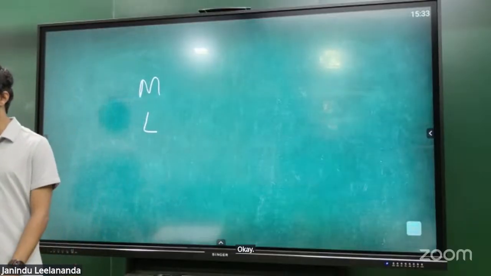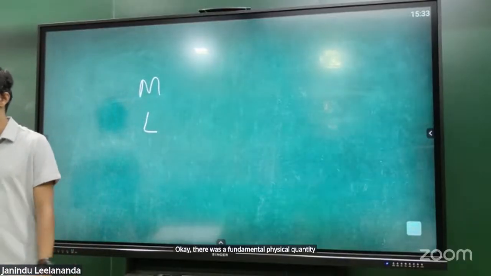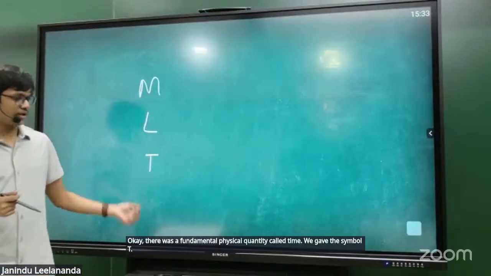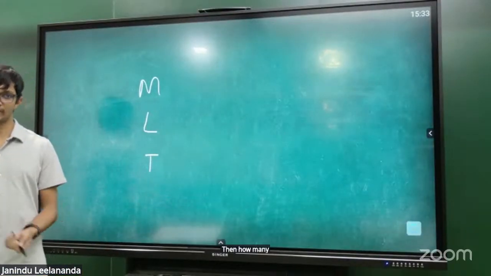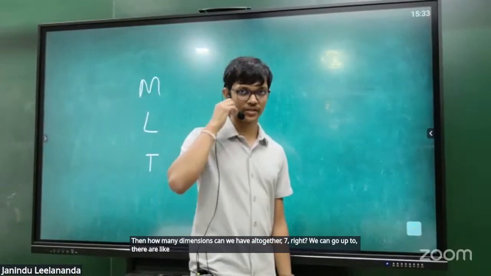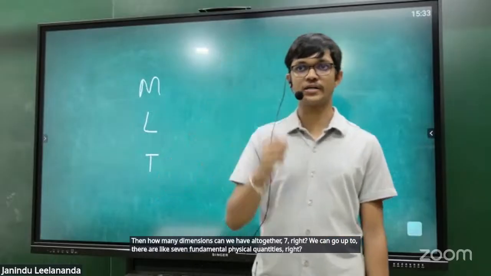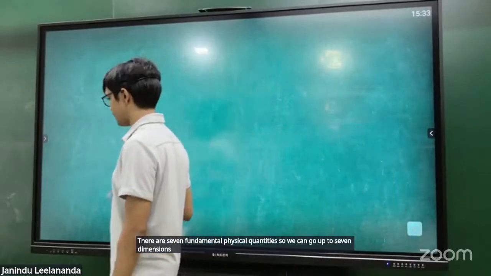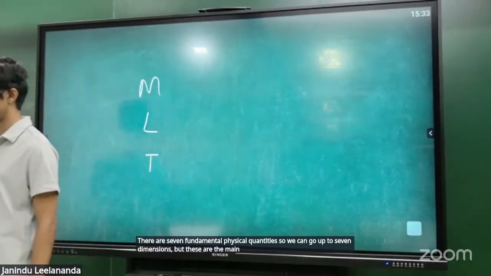There was a fundamental physical quantity called time. We gave the symbol T, clear? Then how many dimensions can we have altogether? 7, right? There are 7 fundamental physical quantities, so we can go up to 7 dimensions, but these are the main dimensions that we analyze in our syllabus.